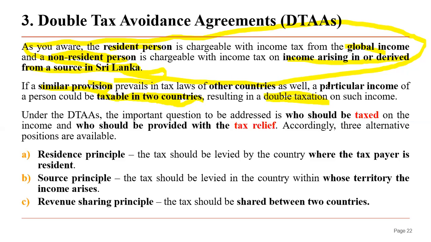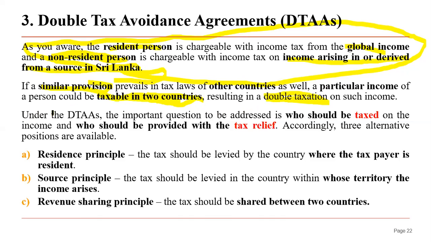A person could be taxable in two countries and result in double taxation on such income. Accordingly, we can have a DTA in order to avoid this. That is why I mentioned the tax credit. It is available in the Inland Revenue Act as well, foreign tax credit.